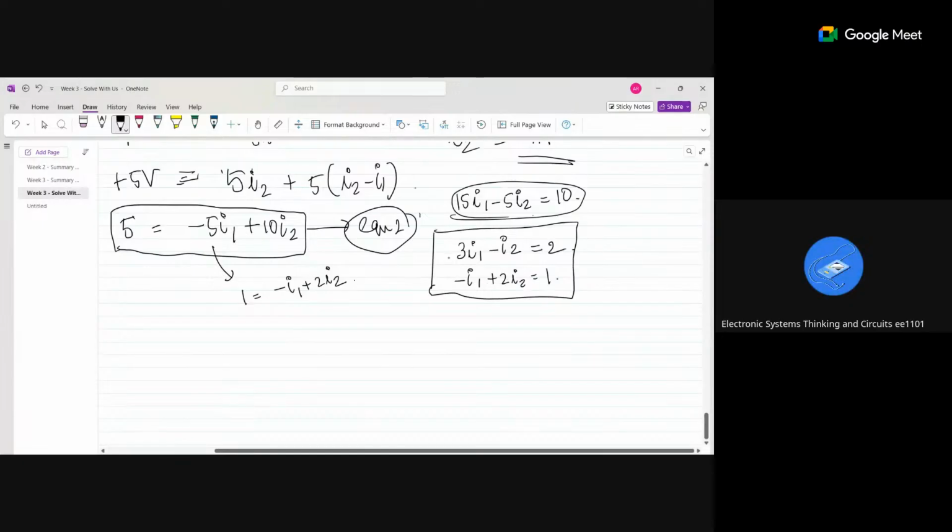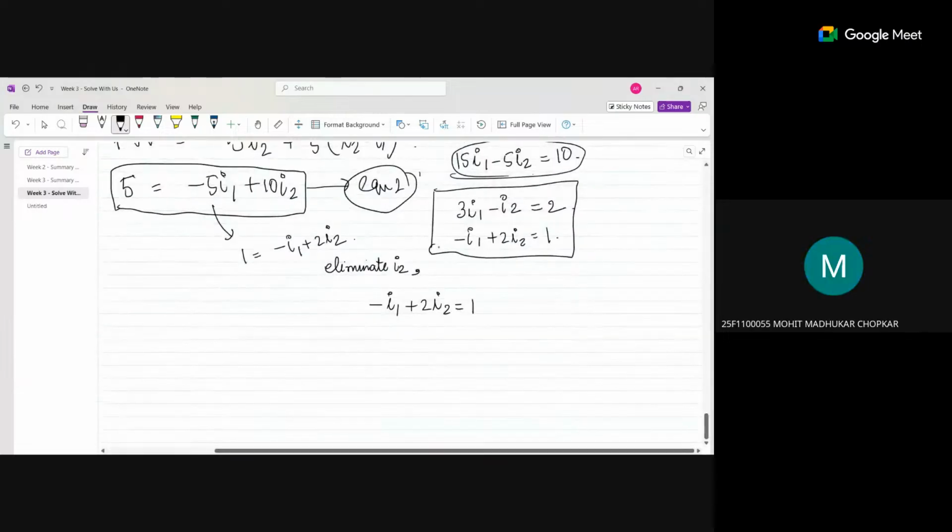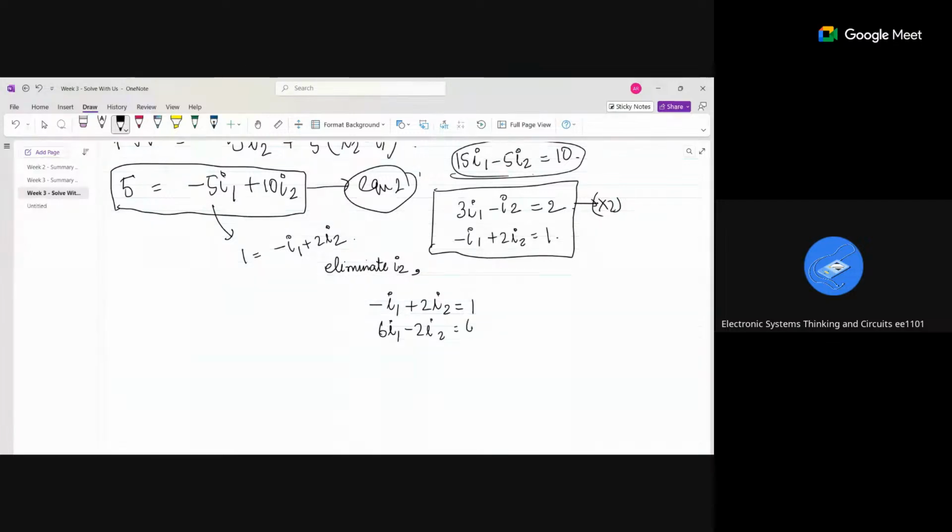I will keep my second equation as it is. My aim is to eliminate I2. When we get the same I2 with opposite signs, we will cancel it. That's why I will multiply the first with 2: 6 I1 minus 2 I2, and 2 2s are 4, right?